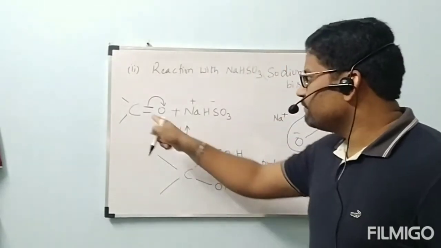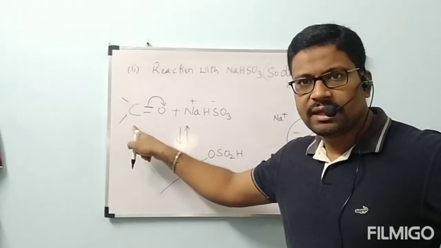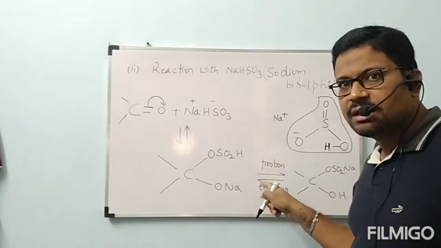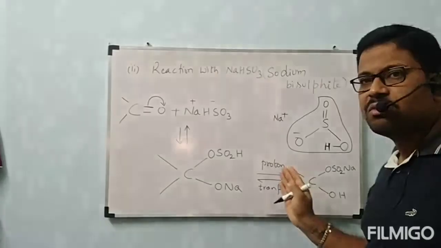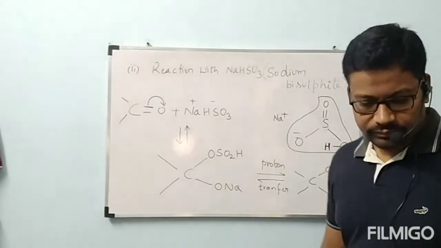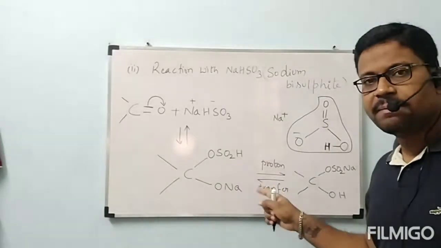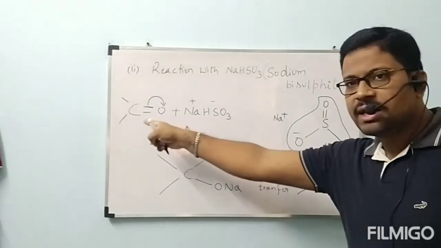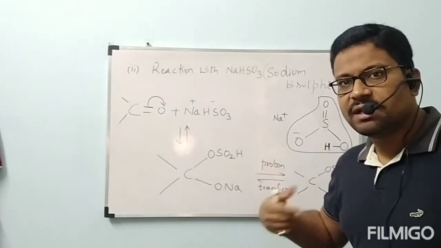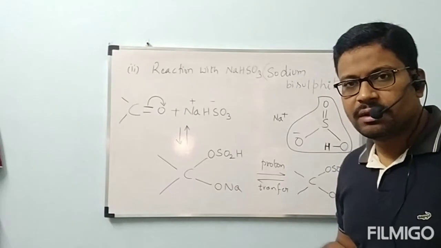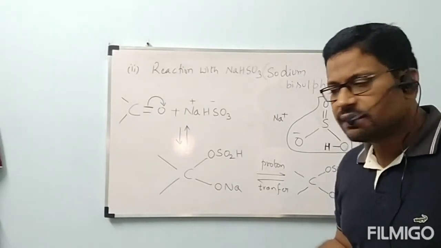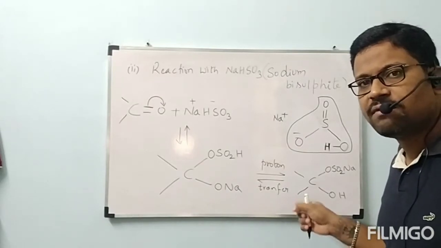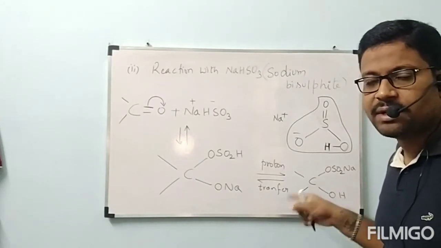That's why, if this is an aldehyde, in this reversible reaction more amount of products will be formed. This equilibrium will be present towards the product side. When it is an aldehyde, it undergoes reaction very fast compared to a ketone, and so it forms products fast. So more products will be formed by aldehydes compared to ketones.